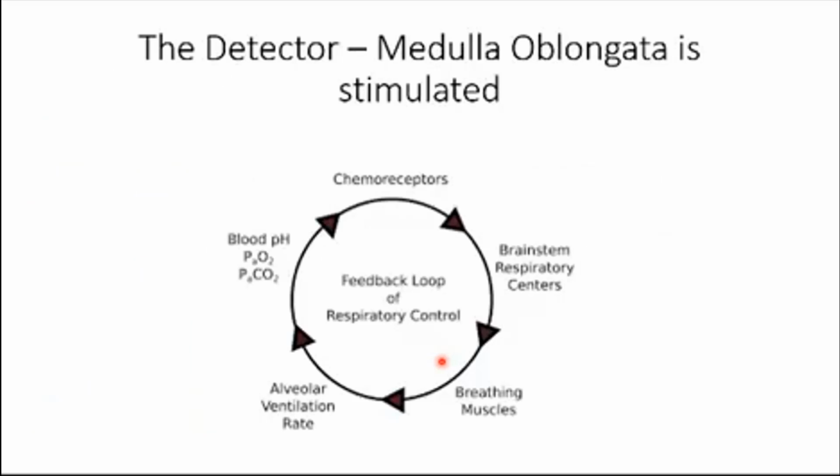So then what we have is we have our partial pressure of oxygen and partial pressure of CO2. So as our CO2 increases in partial pressure and the pH drops, receptors in the medulla oblongata, which is in the brainstem, recognize that lower pH, and they do something. They stimulate breathing muscles, and we're going to see that next. And this is called a negative feedback loop.